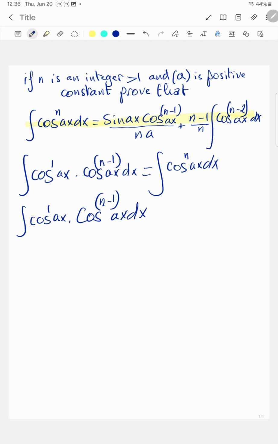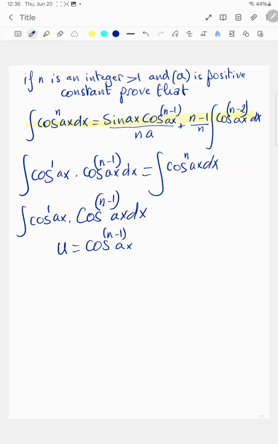And if I look at that integral, it looks like I can do integration by parts. I can take my u equal to cosine n minus 1 ax. There is no dx here.